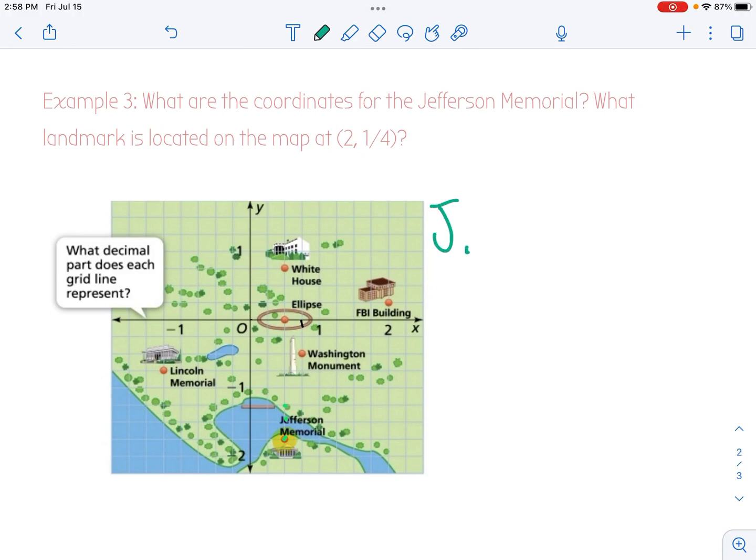Example 3, what are the coordinates for the Jefferson Memorial? Looking at this coordinate plane, we have 0 and then 1 is actually all the way over here. This means that each tick mark is not going up by 1, so we are dealing with fractions here.